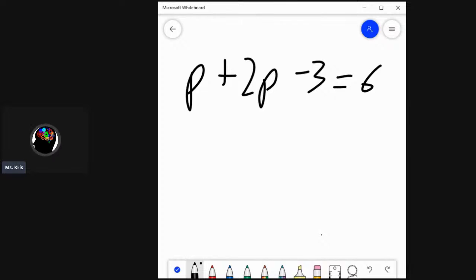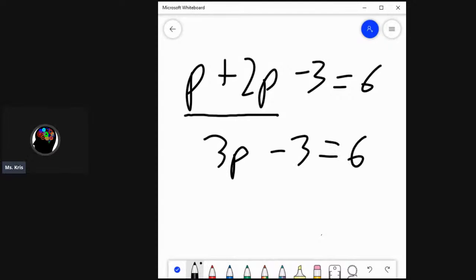On the left side, we have like terms, so I'm going to add p to 2p, which of course, if you have a single p by itself, is understood as 1p. So 1p plus 2p equals 3p. And then 3p minus 3 equals 6. Then, of course, you follow through with your two-step of plus 3 on both sides, because I must get my 3p by itself.